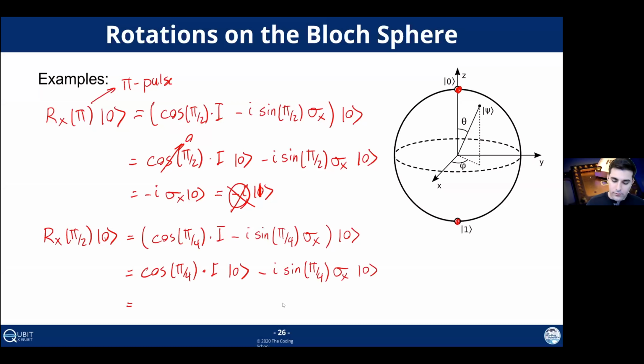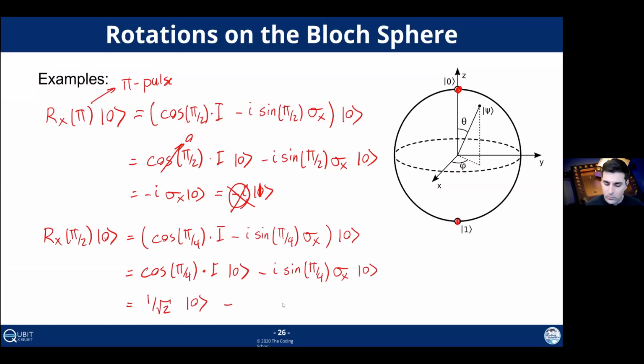So cosine of pi divided by 4 is 1 divided by square root of 2, and then the identity doesn't do anything to the 0 state. So what I end up with from the first part is 1 divided by square root of 2 times 0. And now the second part, I'm acting with sigma x on the 0 state. That gives me a 1.